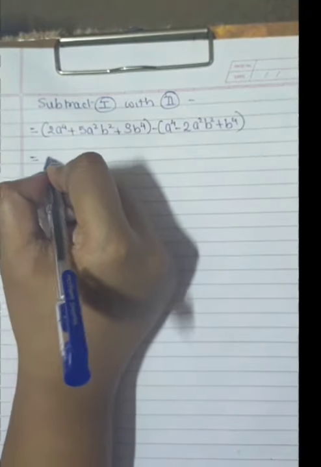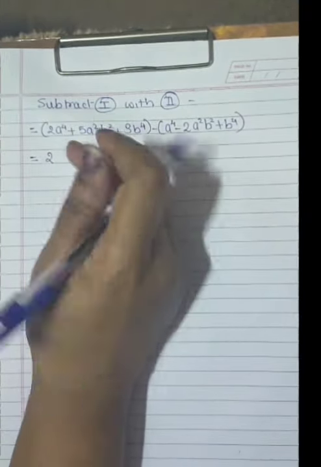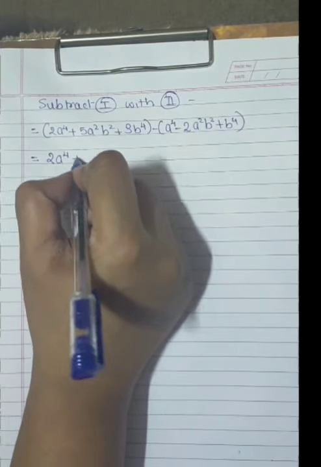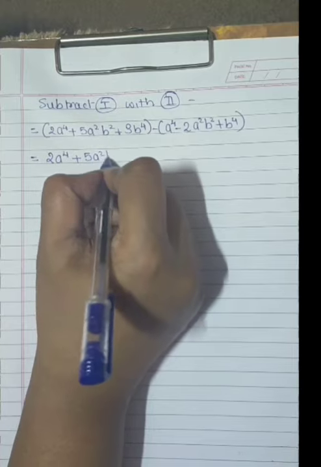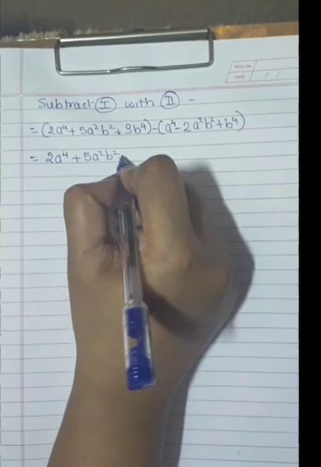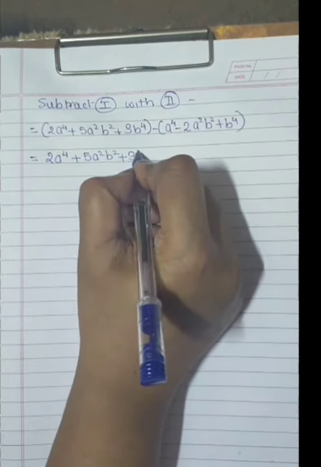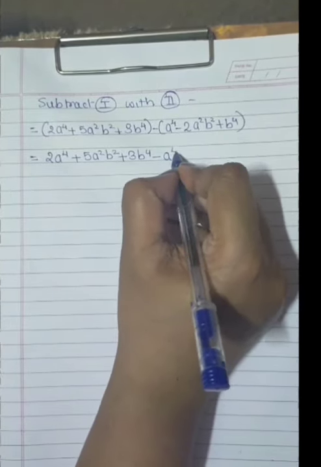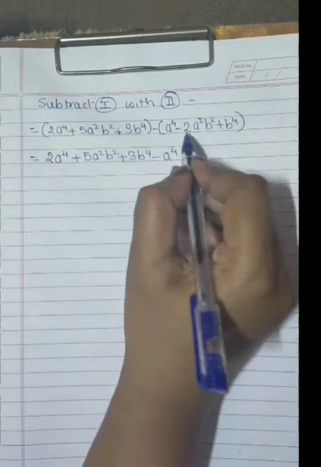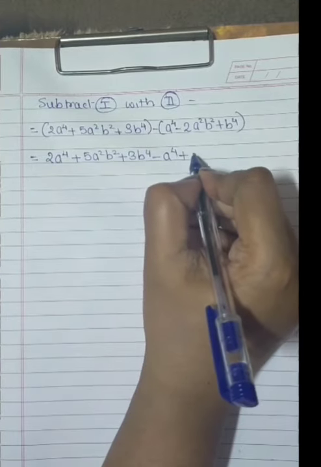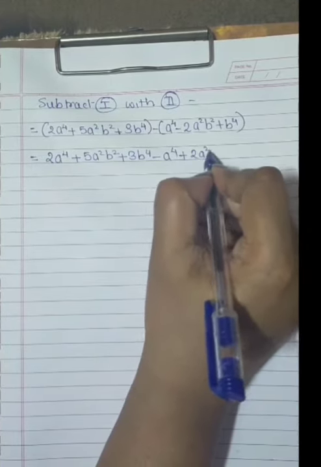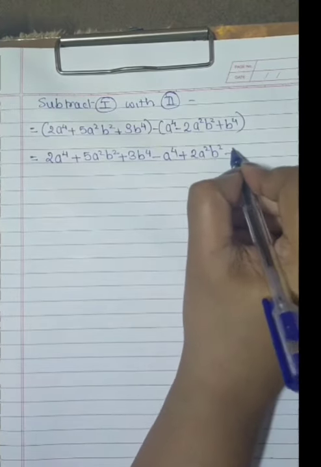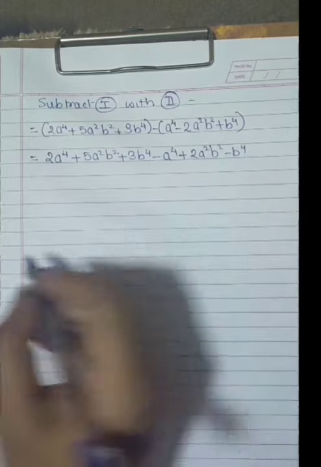So first we will remove the bracket. 2a to the power 4 plus 5a square b square, as it is we have to write, plus 3b to the power 4 minus a to the power 4, again here minus minus will become plus 2a square b square, again minus plus will become minus b to the power 4.